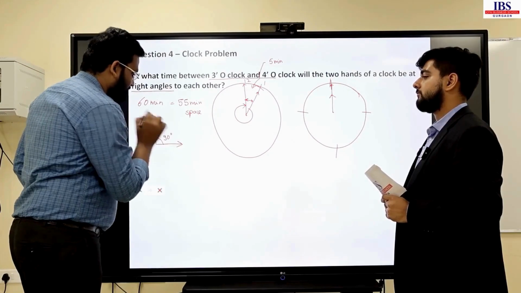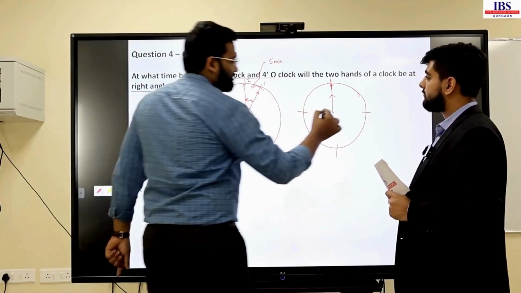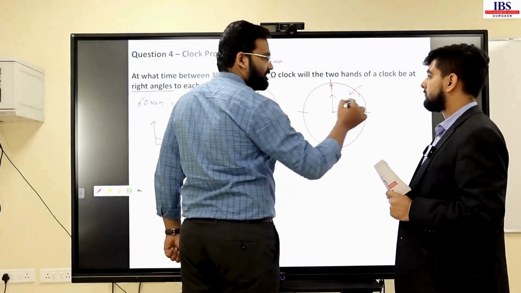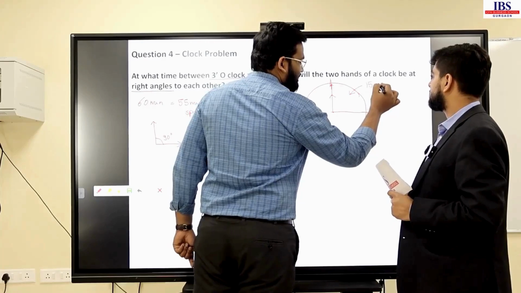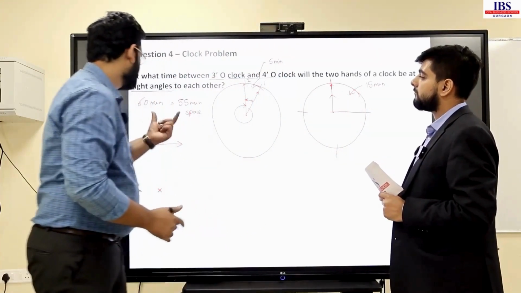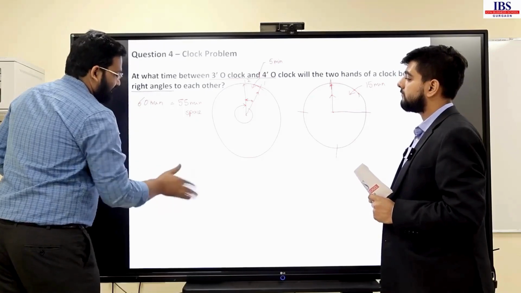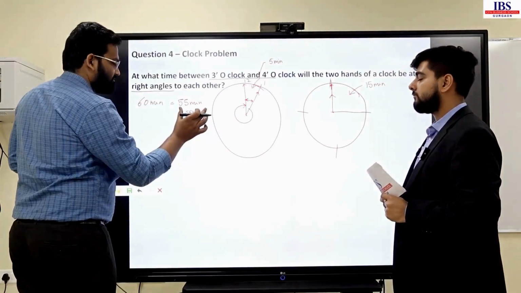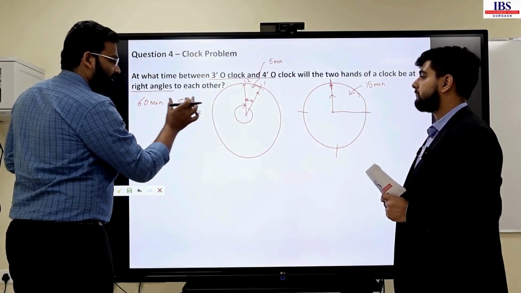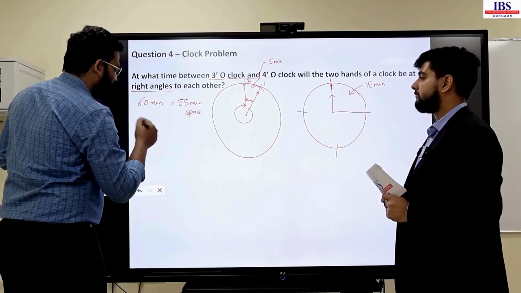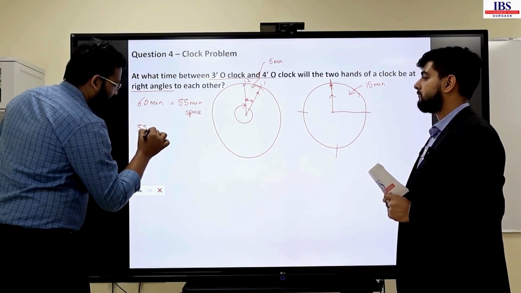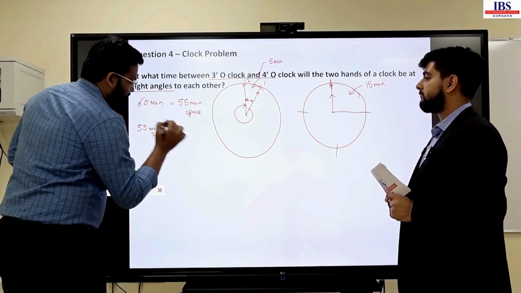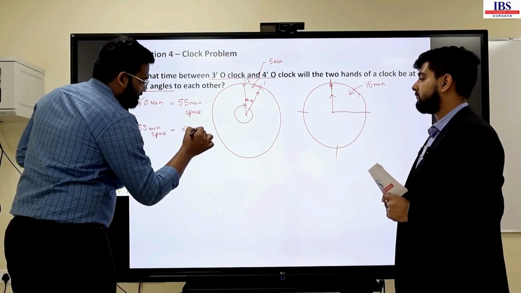So tell me, in case of 90 degrees, how many minute spaces are there? 15. This represents 15 minute spaces. Now we have seen that in 60 minutes the minute hand travels 55 minute spaces.